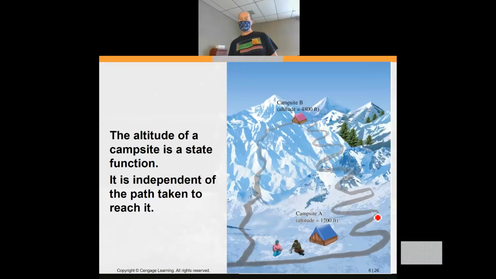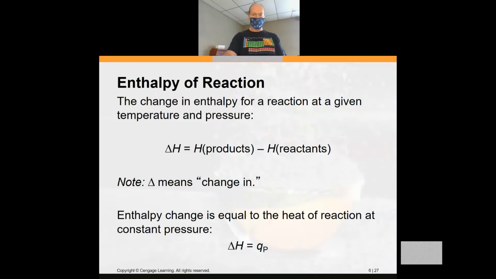When you're traveling a lot longer, you're going to do a lot more work than going directly to the campsite. But your altitude is a state function, so it doesn't matter which way. Heck, you could have gone around the mountain 5 times and up to the top. It only matters where you start at the bottom and where you end at the top. That is a state function.